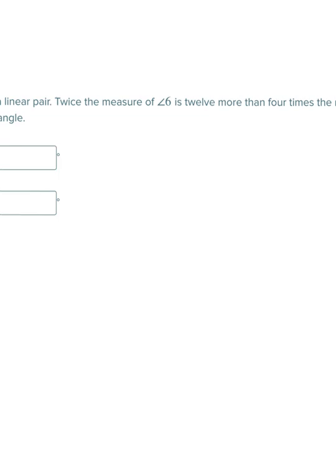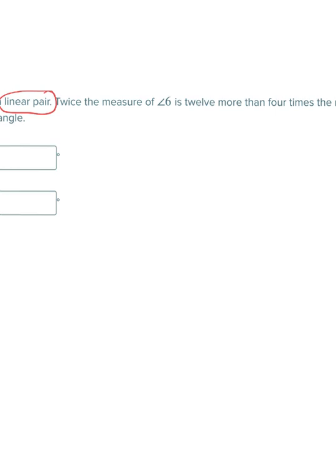Next, key terms here I'm going to be sure to underline. So here we have angle 6 and angle 7 form a linear pair. Now, this was not one of our vocabulary words because it really isn't a term we see that often.